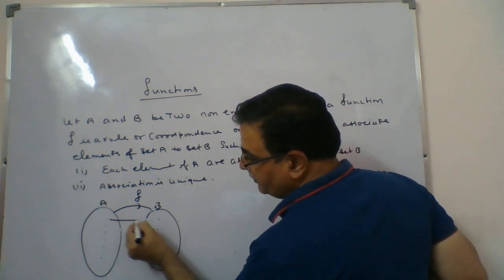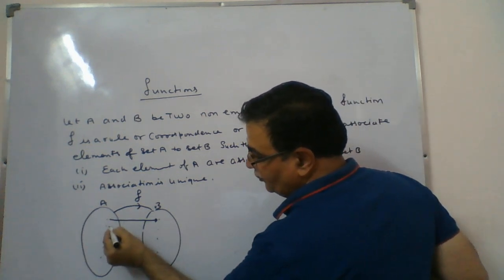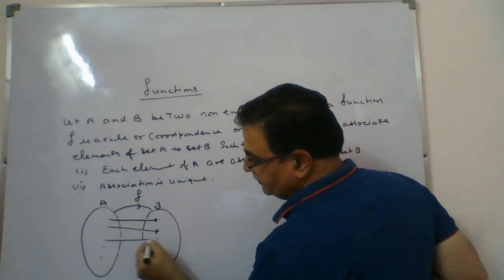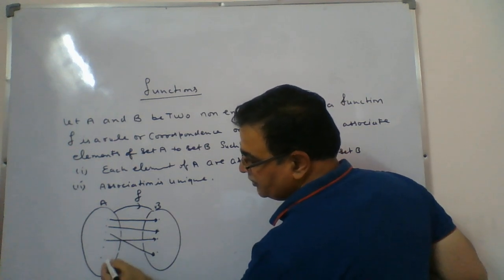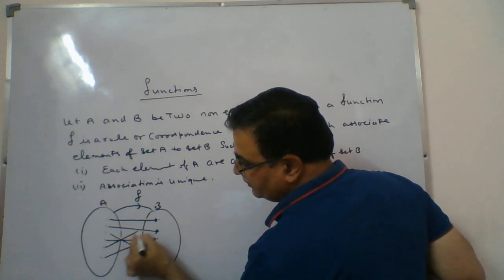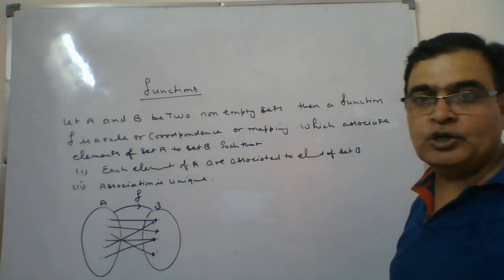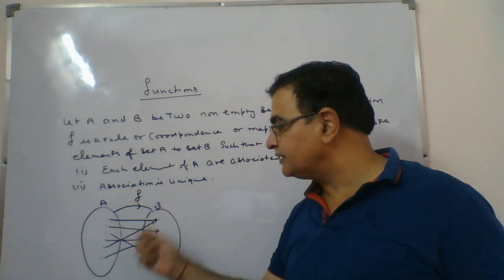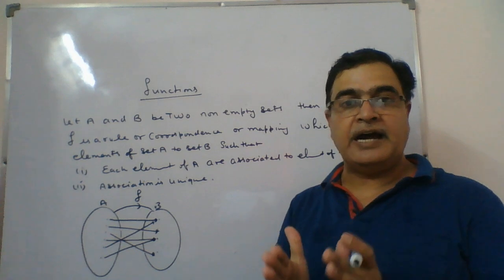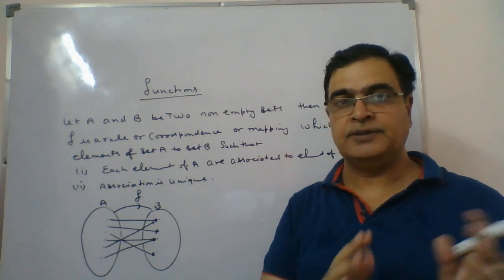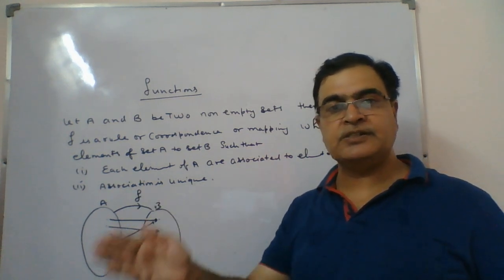Means, for example, this has the image here, this has the image here, this has the image here. So what you will find here, each and every element this side has the image, and that image must be unique. Then we will say yes, this will be a function.